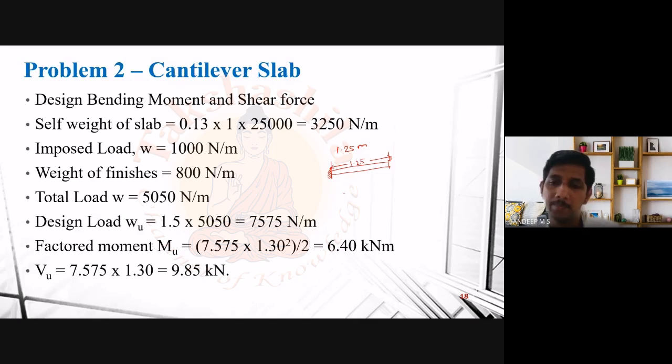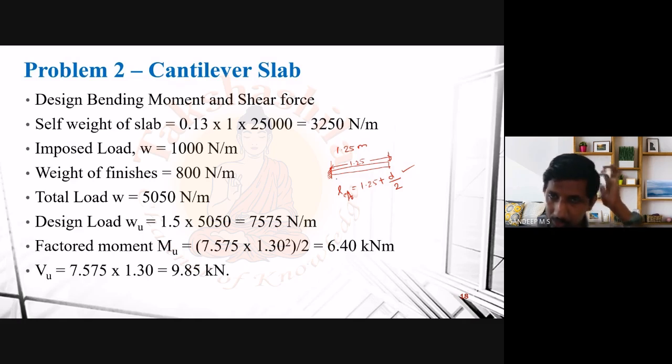Now the effective span L effective is equal to this value plus effective depth by 2. That is what the code suggests when we have an independent cantilever.